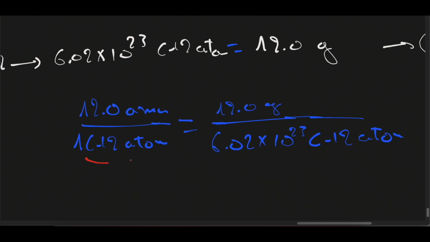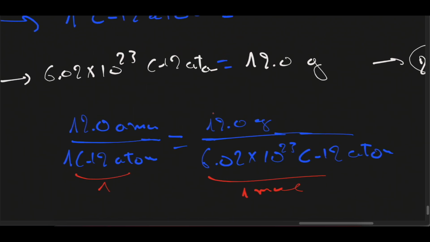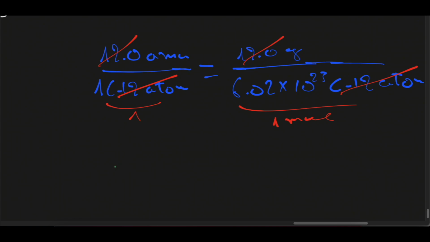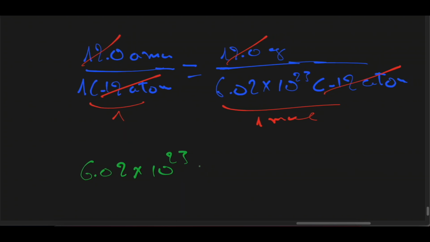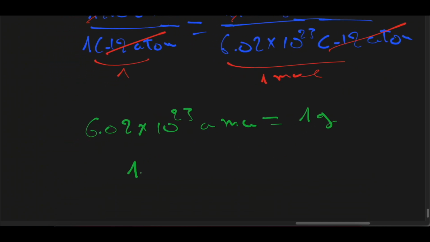So here we have 1 atom and here we have 1 mole of atoms. By canceling the C12 atom, and 12 and 12, at the end we have 6.02 times 10 to the 23 atomic mass units is equal to 1 gram. Or it's better to write it like this: 1 gram is equivalent to 6.02 times 10 to the 23 atomic mass units.